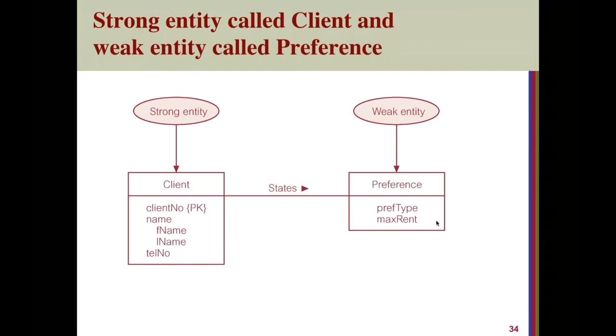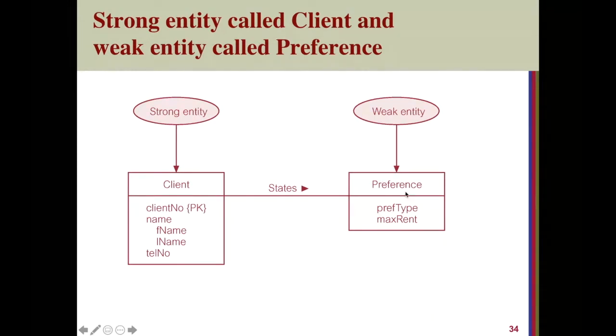So here we have preferences from a client. So preference cannot exist independently, because if we just talk about preference, then the story is not complete. We have to have something else which describes something about preference. So we link preference with the client, that preferences of the client.